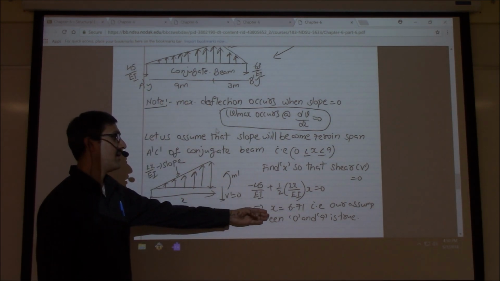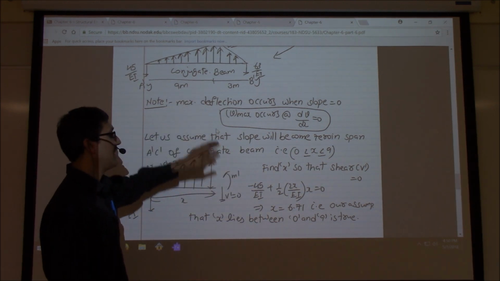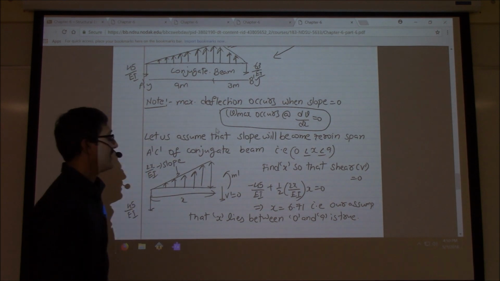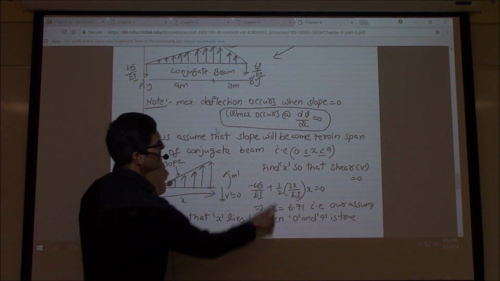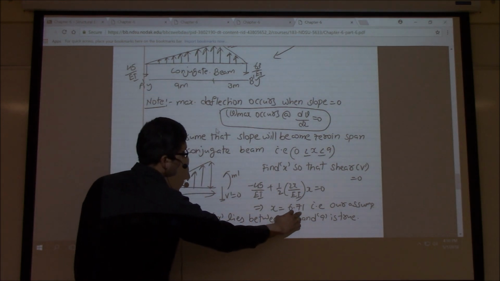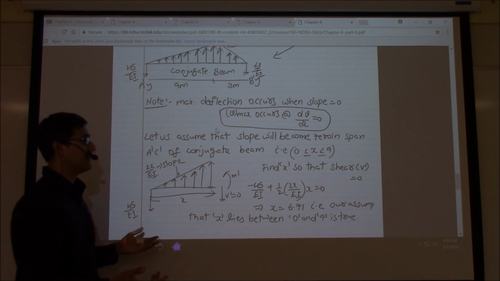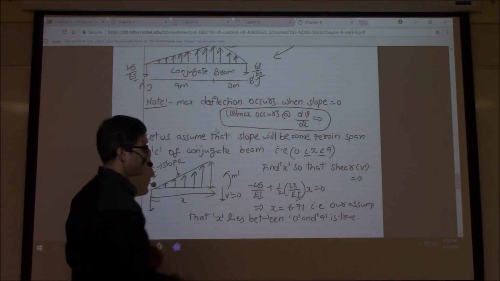And if I got a negative value here, or a value which is greater than 9 meters, that means there doesn't lie a point at which dv by dx is equal to 0 within this span. But I got a good number which lies between 0 and 9. So that itself says that I have a maximum deflection in this particular span.